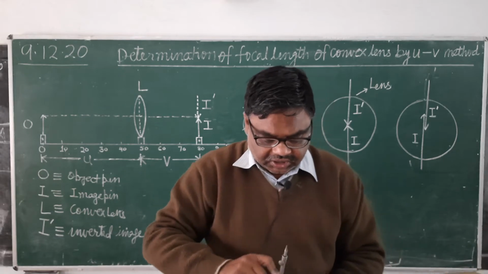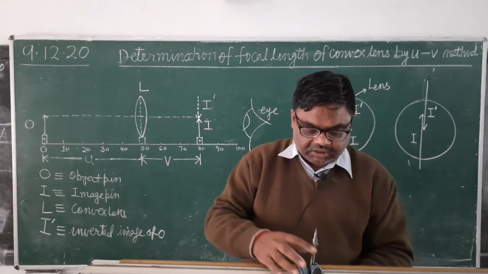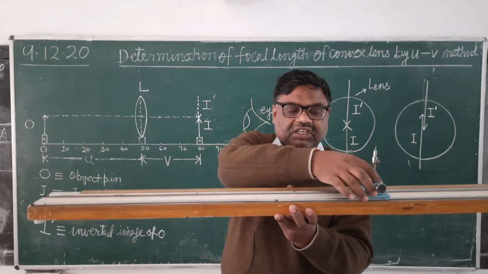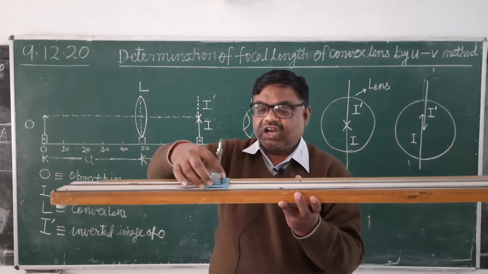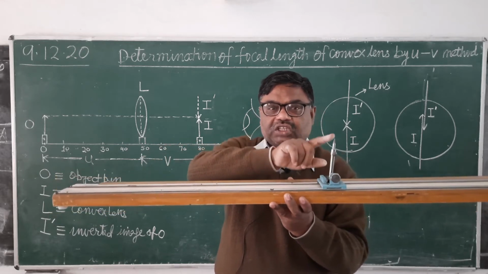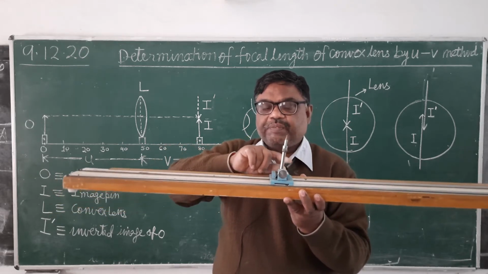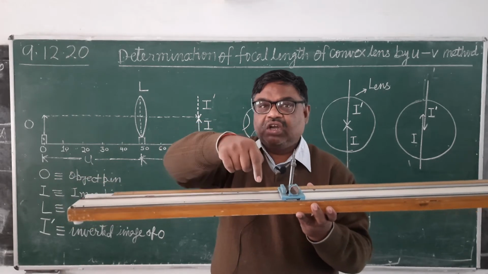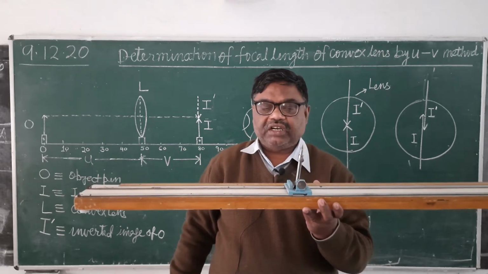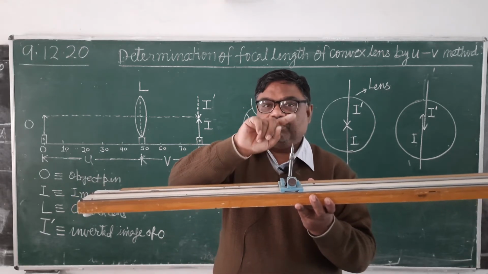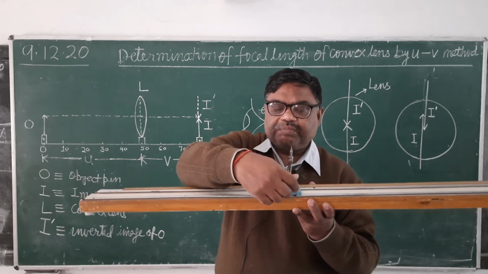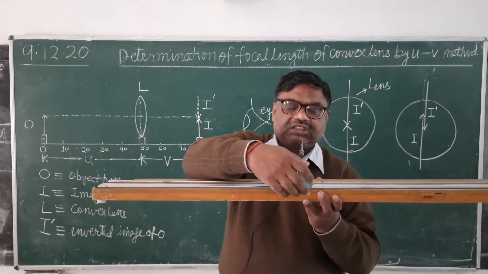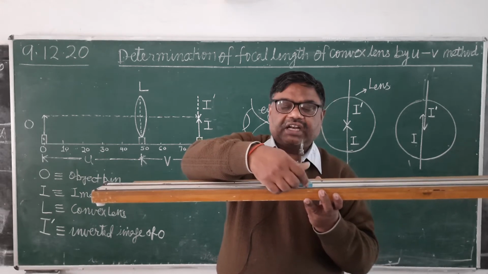Now you can see here this, we are displacing along the length of the optical bench. मतलब पिन को डिस्प्लेस कर रहे हैं लेंथ के लॉन्ग. पर अगर पिन को हमको लेंथ के perpendicular displace करना हो, जिसको हम कह रहे हैं lateral movement of the optical pin, that can be done with the help of these lateral screws.